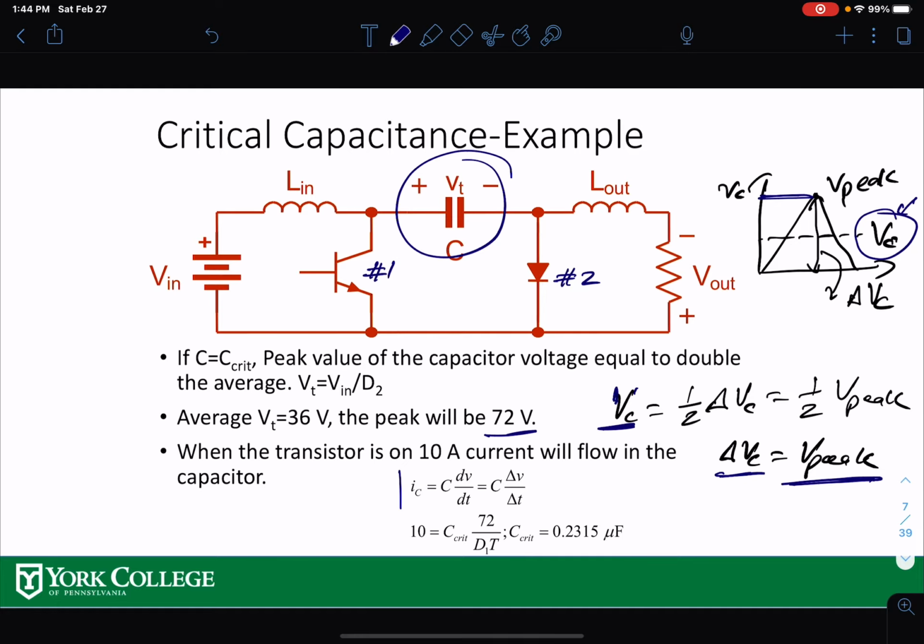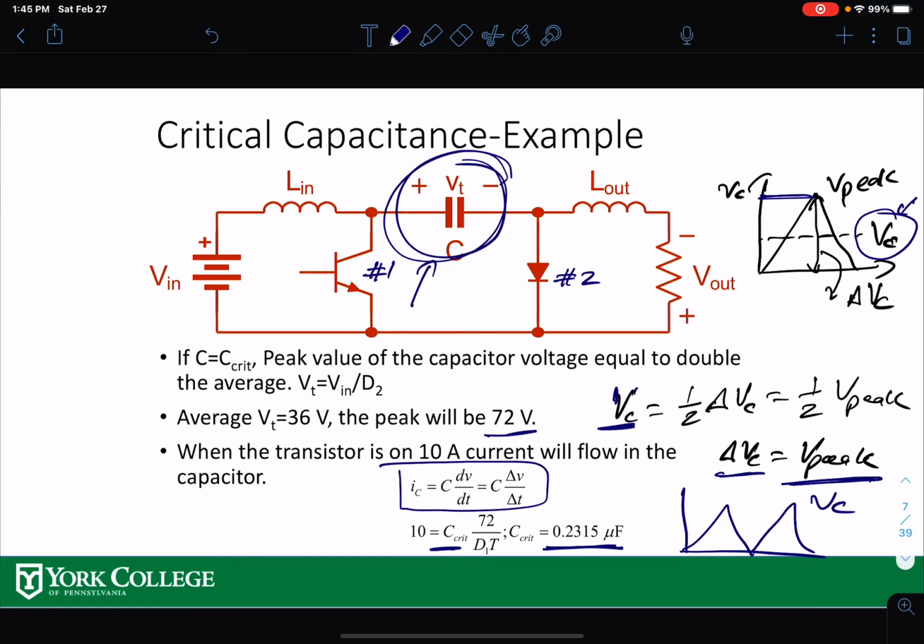And if we use this equation, which we have been using for a long time, to find the critical value over here, you can see that the critical capacitance value is small, because at that value, the voltage across this capacitor over here would look like this.